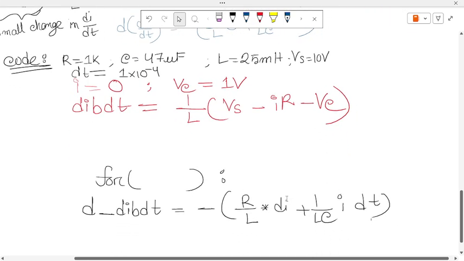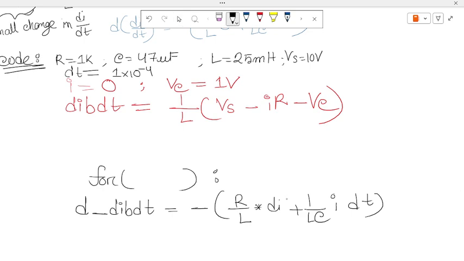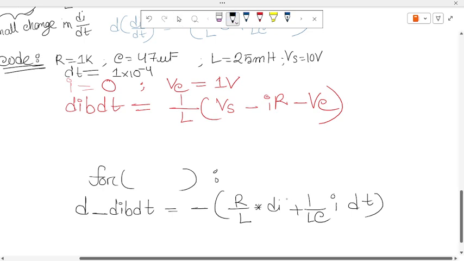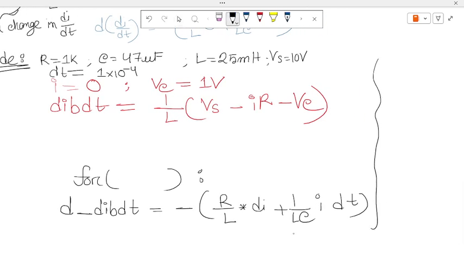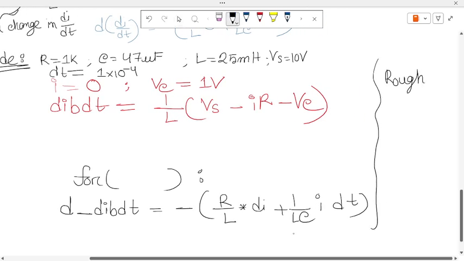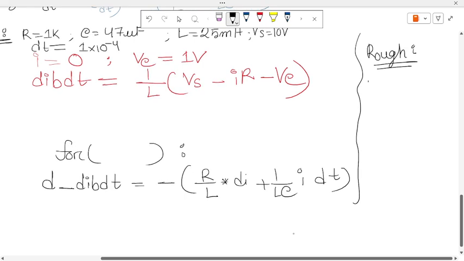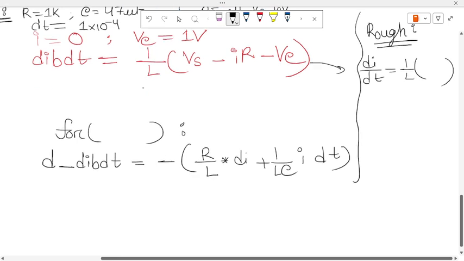Okay, so let's talk about this code here. This is my code, and I will make a rough here. So di by dt is equal to 1 by L this. That means di is equal to what? Now wait, what is di by dt?